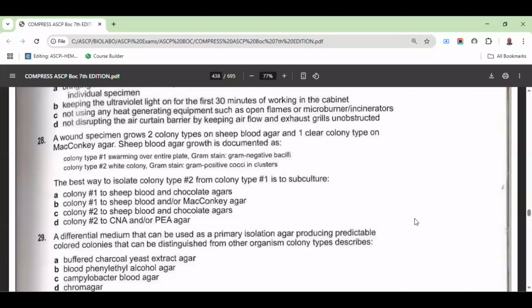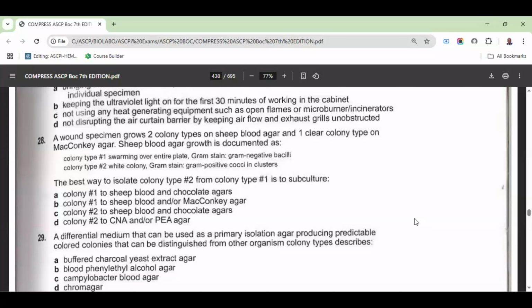Why should we go with B? Because the question wants us to isolate 2 from 1, so we should put emphasis on 2. Yes, we are emphasizing now on 2, not on 1.